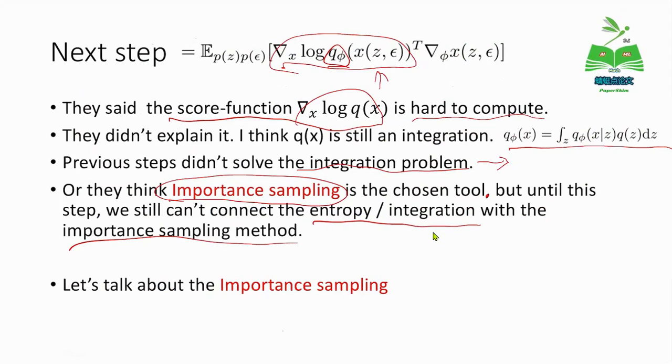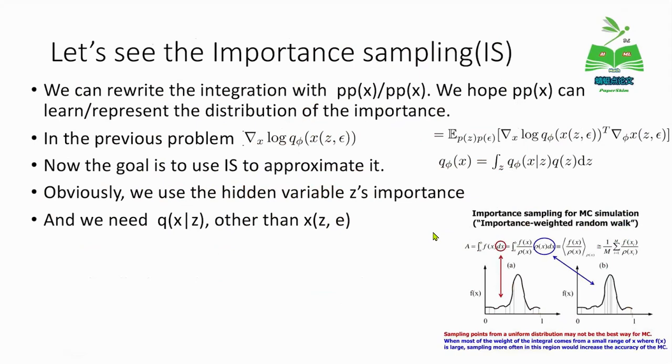So let's talk about importance sampling. We can see this figure. If we want to use MC, Monte Carlo simulation, to approximate the integration, but we use Monte Carlo totally randomly, it may not give a very good result.